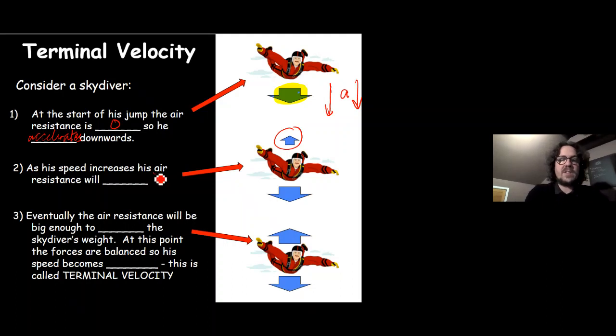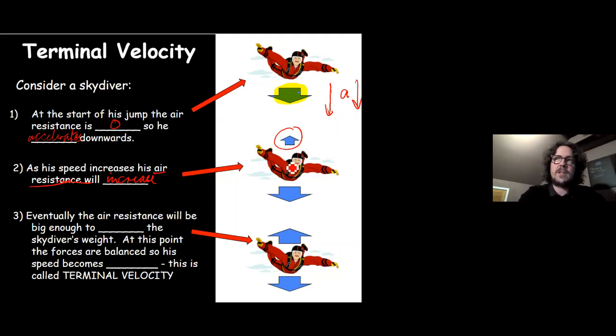His air resistance will start to increase because air resistance depends on, as does friction, how fast you're moving. And the faster you move through a fluid, or the faster you move across a surface, the greater the air resistance or friction will be.